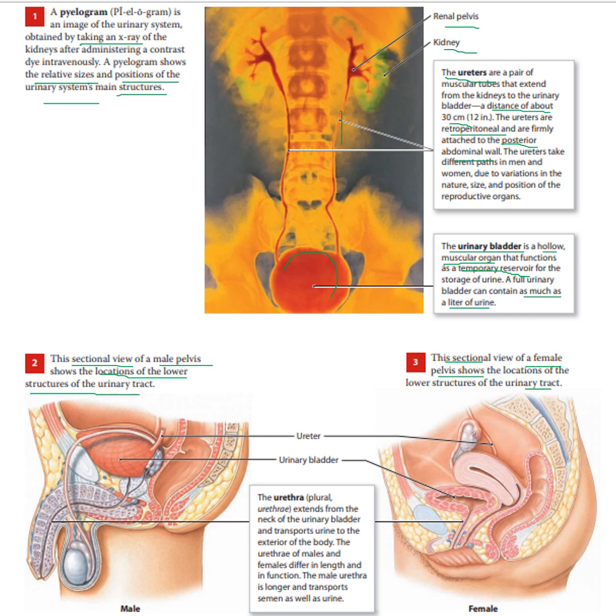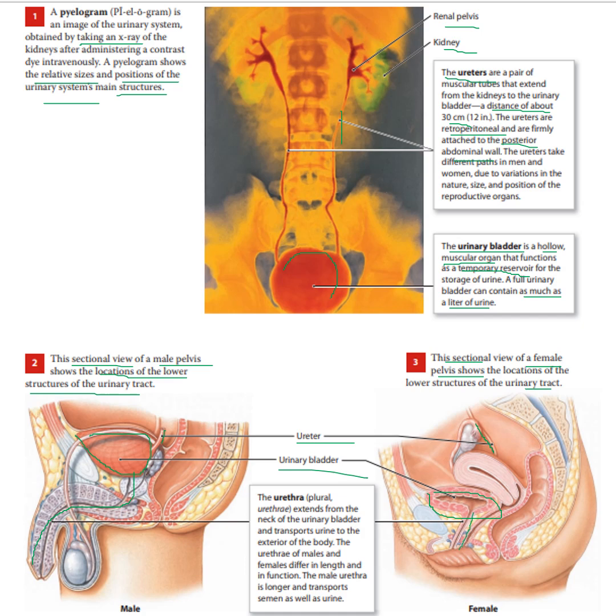So this is the ureter, this is the ureter, this is the urinary bladder, and this is the urinary bladder of the female. This is the urethra originating from the neck of the urinary bladder, and this is the urethra of the female.